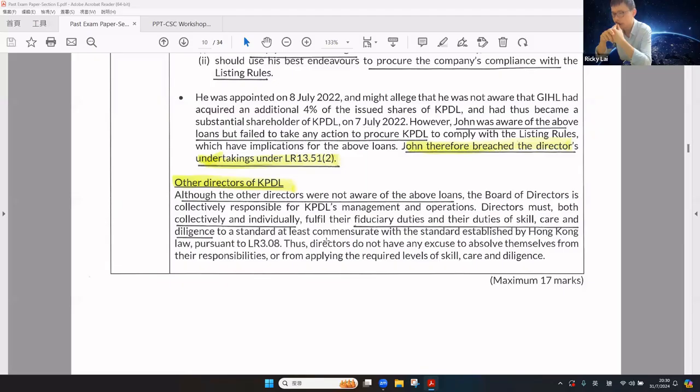The directors must collectively and individually fulfill their fiduciary duty and their duty of care, skill, and diligence to a standard at least commensurate with the standard established by Hong Kong law. Therefore, all directors do not have any excuse to absolve themselves from their responsibility or from applying the required level of skill, care, and diligence.